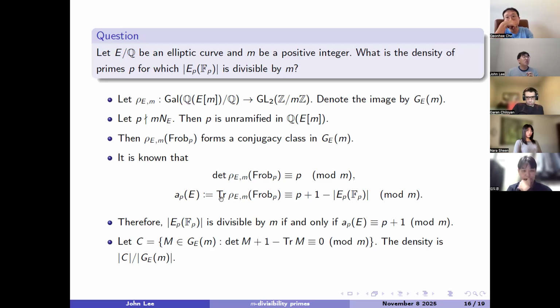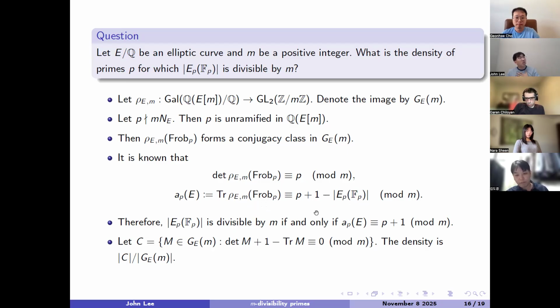This one has so much nice meaning. This trace has so much importance in number theory, so we have a special name for it, called the Frobenius trace. As the name suggests, it is the trace of a Frobenius element, the Frobenius class. So the Frobenius trace has a deep relationship with the size of E(F_p): a_p is congruent to p + 1 minus the size of E(F_p).